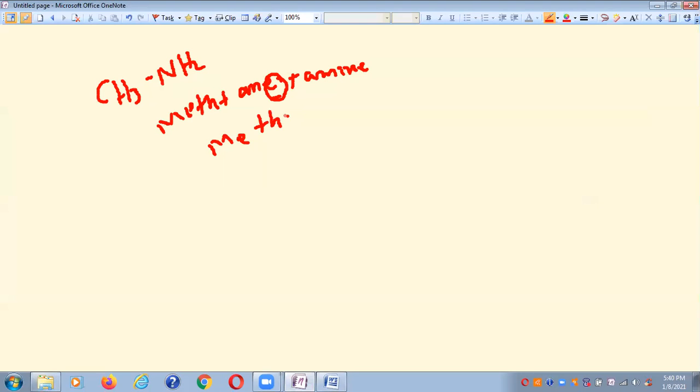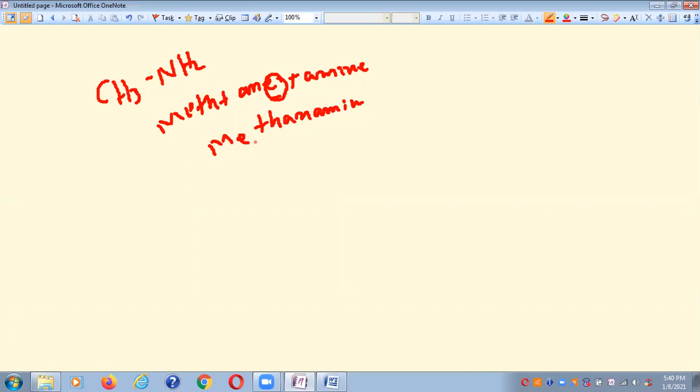CH3NH2. Here the root word is meth, and when we have a single bond we use "-ane". The last letter of "-ane", that is E, will be replaced with amine, the name of the functional group. As a whole we can write methane amine.